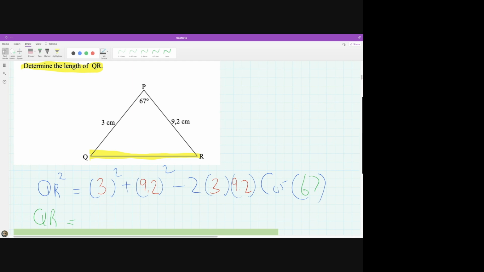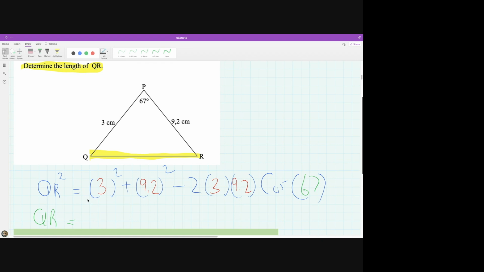Okay, let me put this in my calculator. What are you getting for your value for QR?